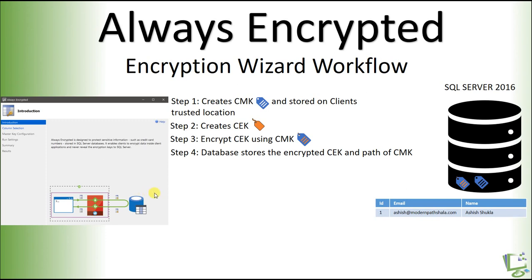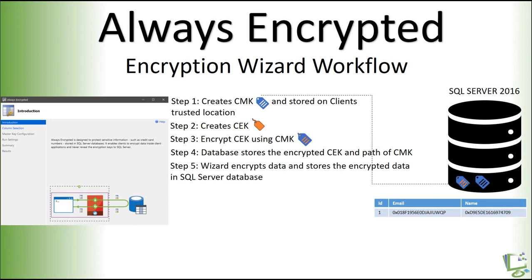Further, the database stores the encrypted CEK and the path of the CMK. Note that SQL Server does not have direct access to the CMK, instead it stores the path of the CMK where the client has stored the CMK.